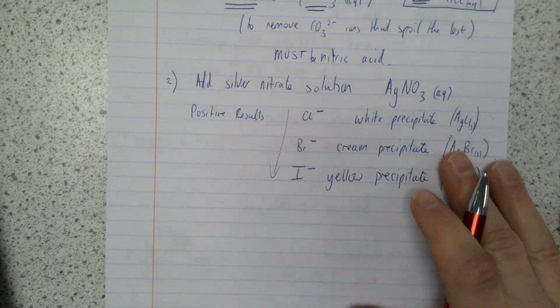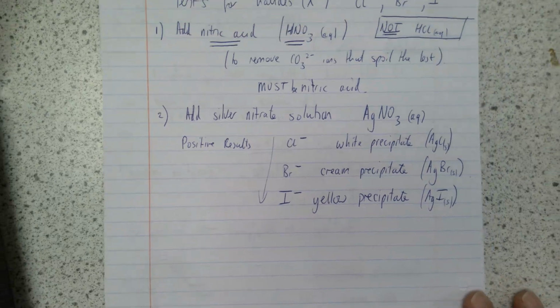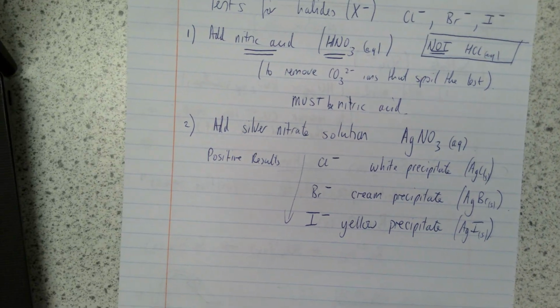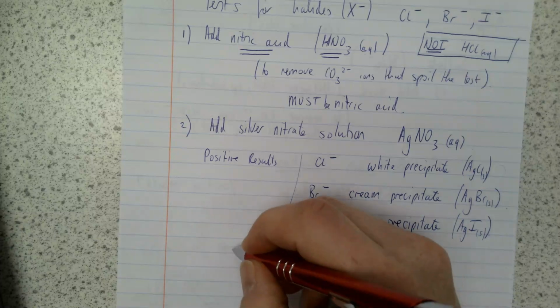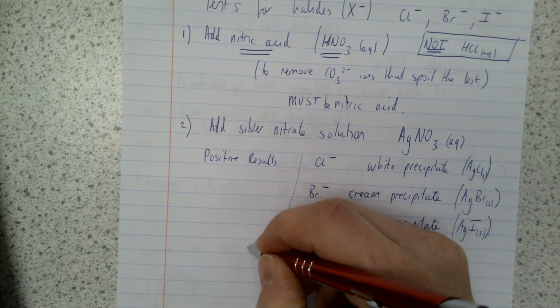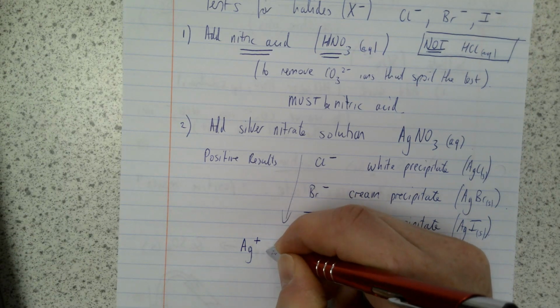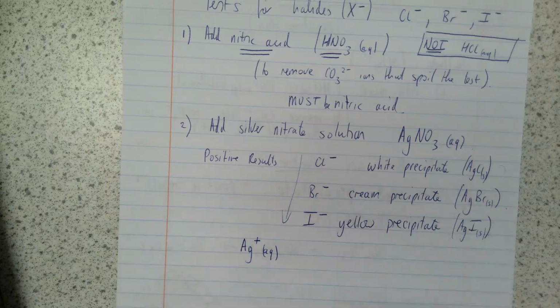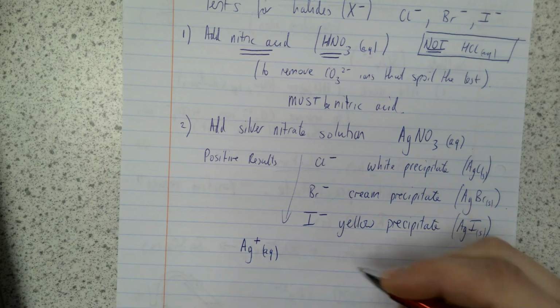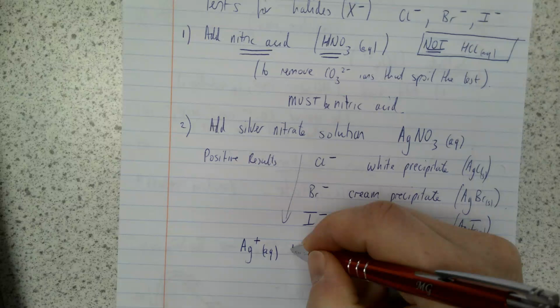What you need to know also, though, is what's happening from a chemistry point of view. So the silver nitrate, all it really is is a source of silver ions. So when something dissolves, the two ions separate from each other. The nitrate goes off and does its own thing, has nothing to do with any part of the reaction here.